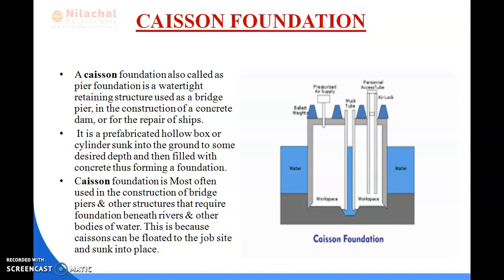And the caisson is prepared at the bank of the river and then transferred to the required pier position on the bridge site, and during sinking the soil from the caisson is removed by excavation or grab buckets, and when it is sunk to the desired depth, then the inside of the caisson is completely filled with concrete.